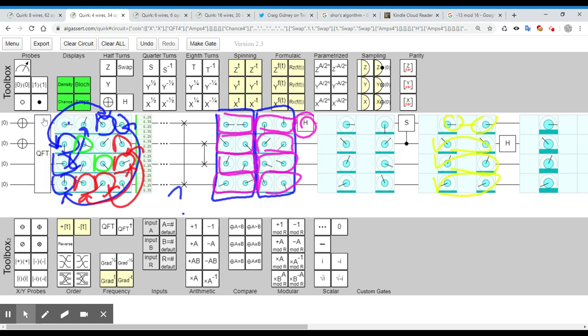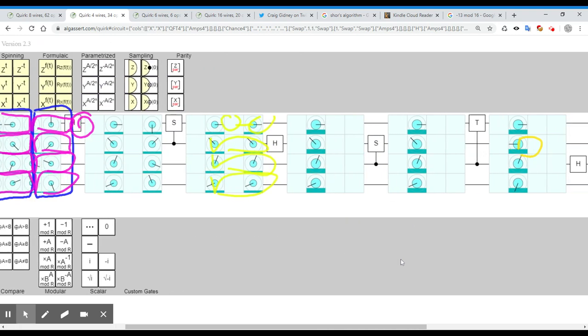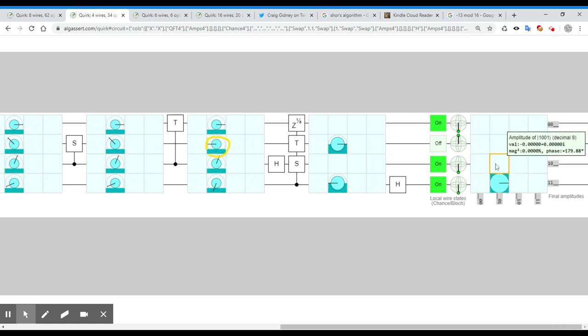So I've applied a QFT to a 3 to get that superposition. Then we've run another QFT to get that here. But it's still not the inverse.